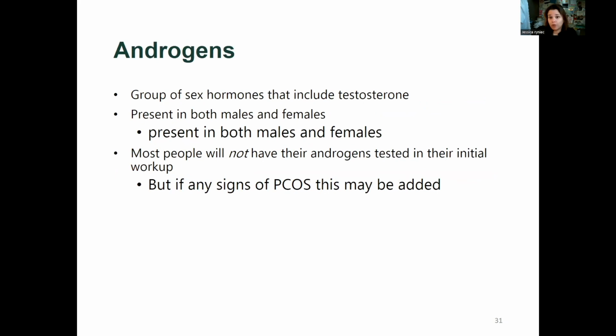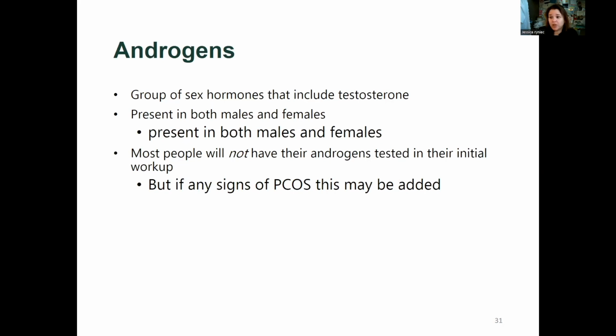And the last hormones that we'll talk about in the endocrine testing are the androgens. And these are a group of sex hormones that include testosterone. Often it is more related to masculinity and sperm, and it is present in both males and females. However, I don't know why I wrote that twice. I probably had something else that I was meaning to write, but I guess the point is that everyone makes testosterone in some amount.